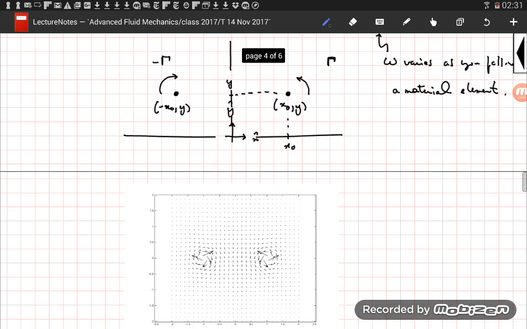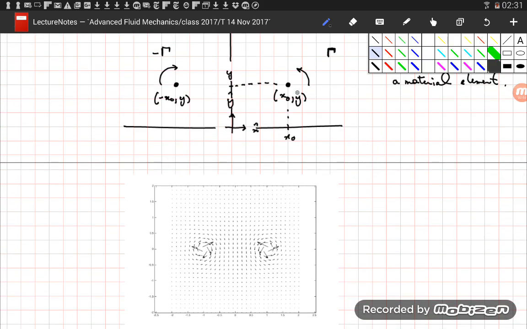So where do we have vorticity here? When we have an irrotational vortex, we've discussed that we only have vorticity at the core of the vortex. So at this single point, we have a delta of vorticity. And at this point here, minus x naught y, we also have a delta of vorticity. That delta of vorticity, the vorticity which is concentrated here, is simply going to be advected with the velocity field.